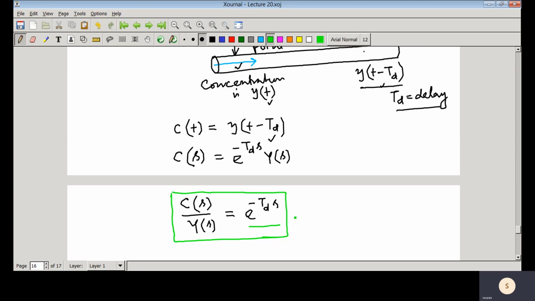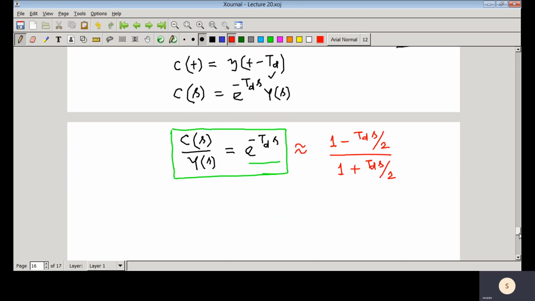So it can be approximated by one transfer function, which is (1 minus Td s by 2) divided by (1 plus Td s by 2). This is called the first order Pade approximation.